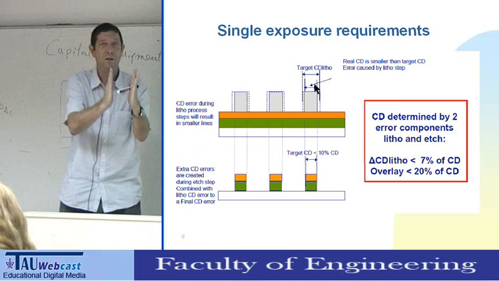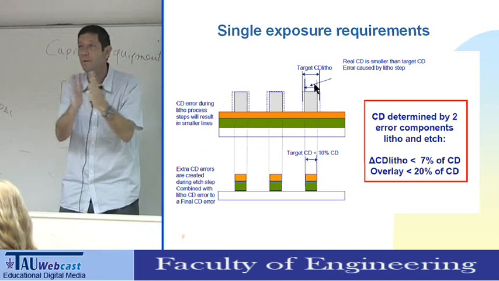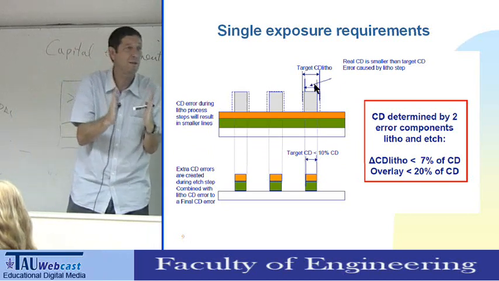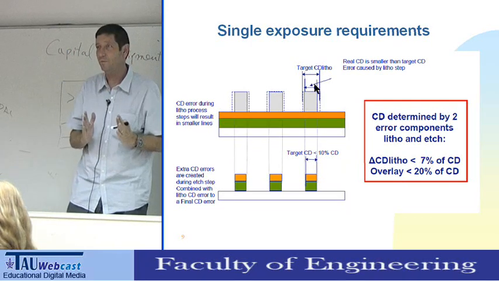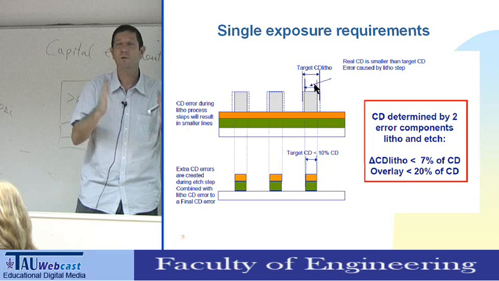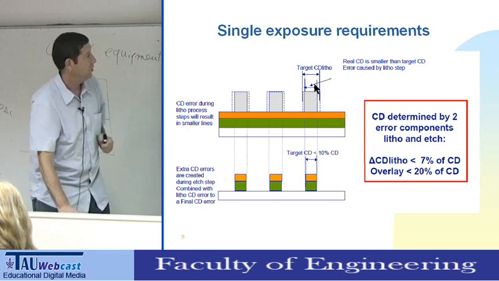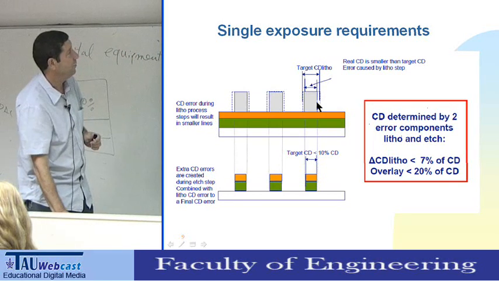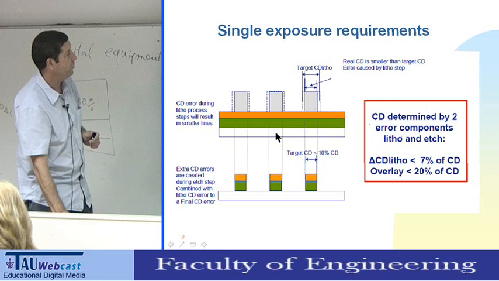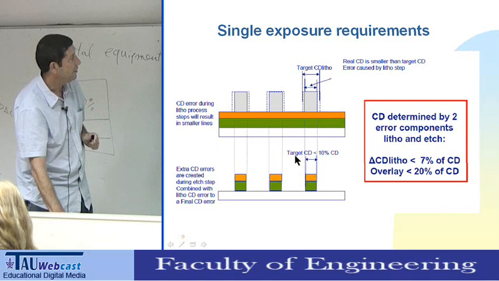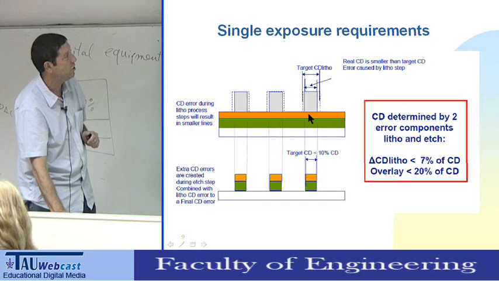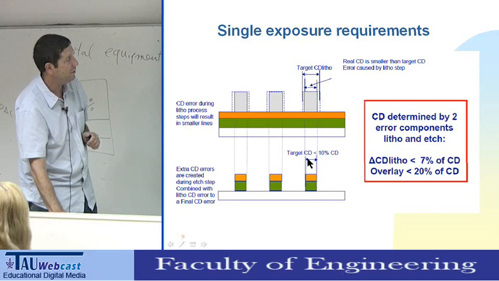This is my value, and I can be plus or minus 1%, 2%, depending on the product, depending on the cost that you want to invest in the process, or the cost that your product can bear. So you have requirements on the CD of the photoresist, and then you have the target CD after this is the photoresist. You etch the orange layer, you etch the green layer, and this is what you have at the end. This is your target CD.